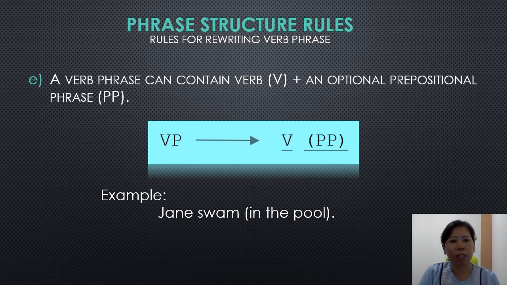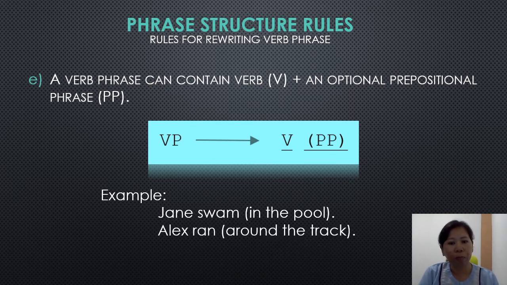We can rather say Jane swam, and in the pool is just an optional prepositional phrase. That means the sentence Jane swam can stand alone even without the prepositional phrase. That's the same for Alex ran around the track and she flew to Canada.